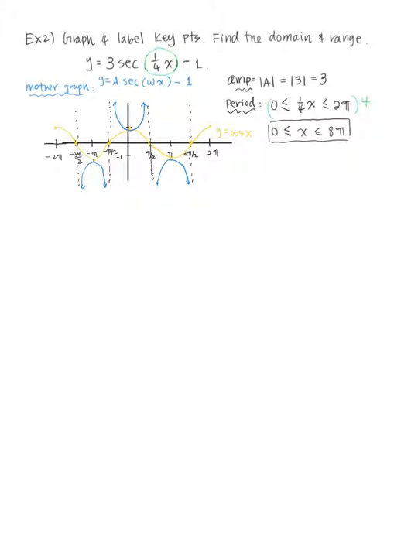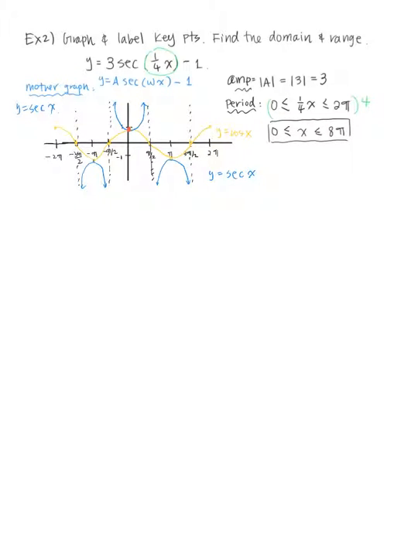Okay, so the one in blue is y equals secant of x. So the mother graph was y equals secant of x. Alright, so now the key points are, let's do that in red.